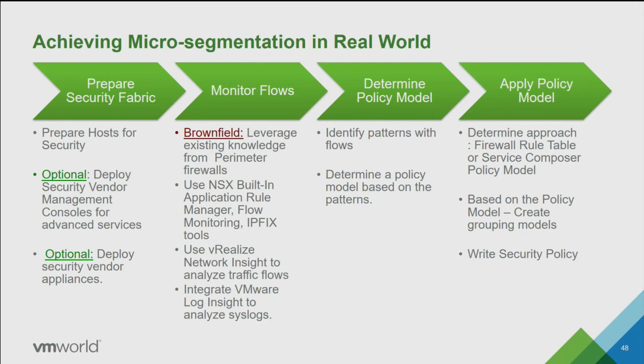You can tie rules to things such as VM name or OS, so that if any Windows 2003 or 2008 OS automatically comes into the network, it's automatically applied to this security group with the specific security policy. And also a security tag. So for all objects within vCenter, you can define and create security groups and security policy based on those objects with NSX.